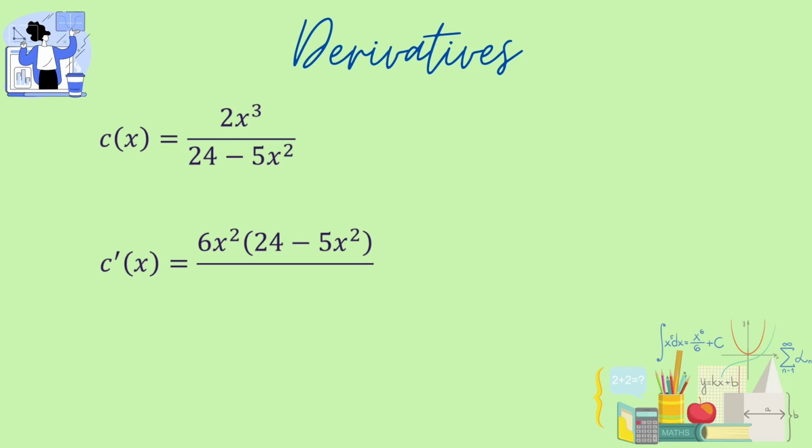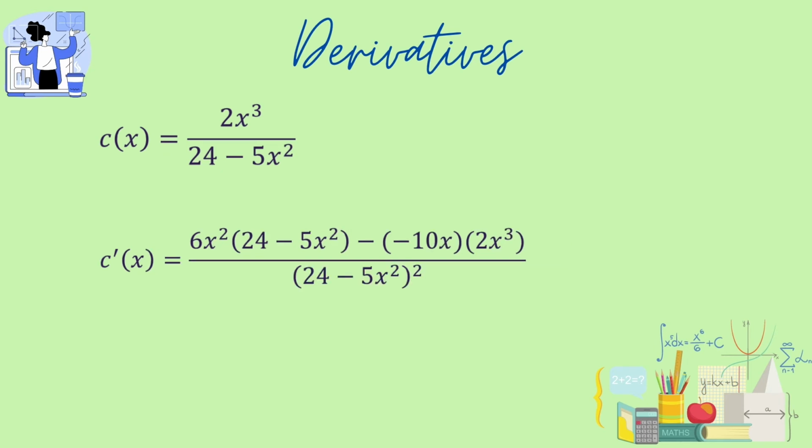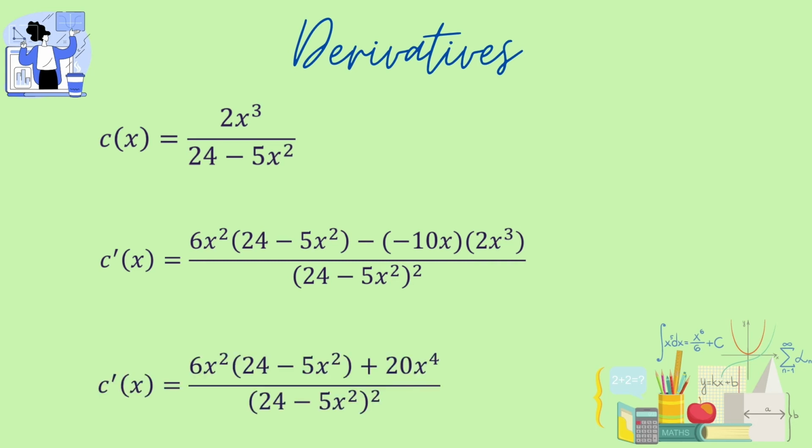For the second term, we get the derivative of the denominator, which is 0 minus 10x, times the numerator, which is 2x cubed. And for the denominator, we get the square of 24 minus 5x squared.